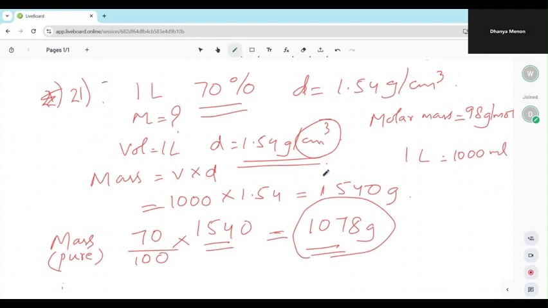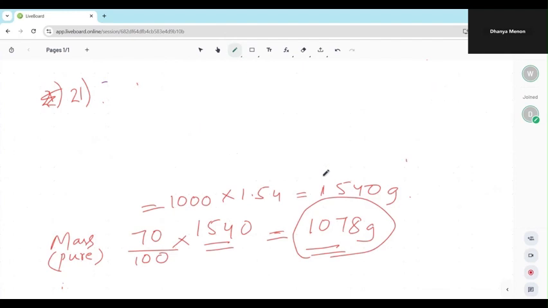So I'll be using this mass. Our actual mass is 1078. Why? Because although we have 1540 grams of the acid, only 70% is pure. So we need the pure acid.